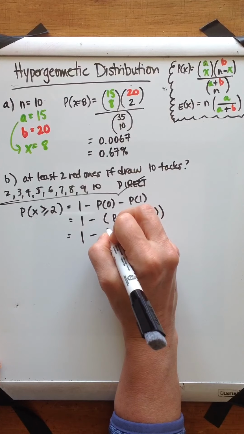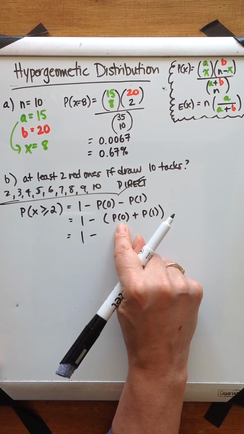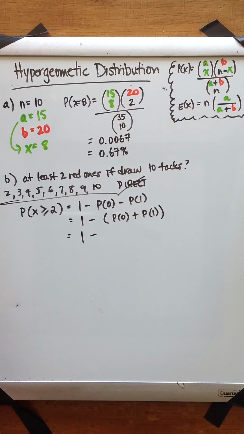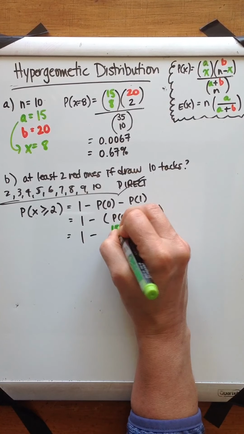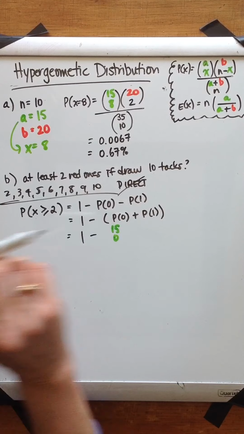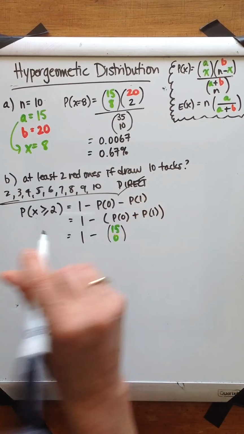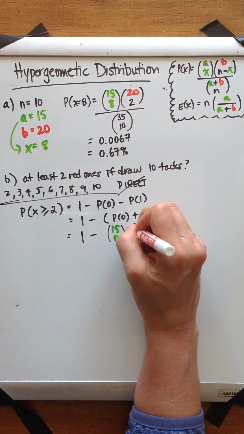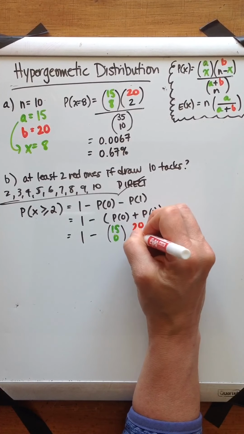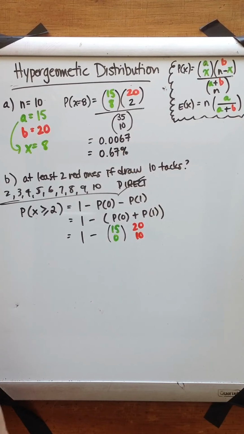So let's walk through. In the case of no tacks, that means that we had an opportunity for 15 successes and we were not successful. We chose none. That means then that of the 20 blue tacks, for my unsuccessful idea, I chose them all as blue.